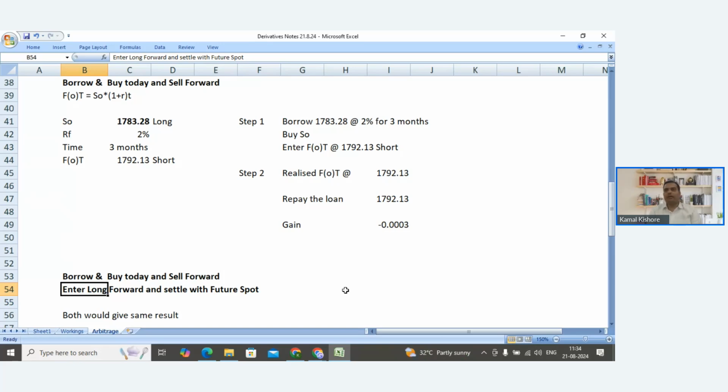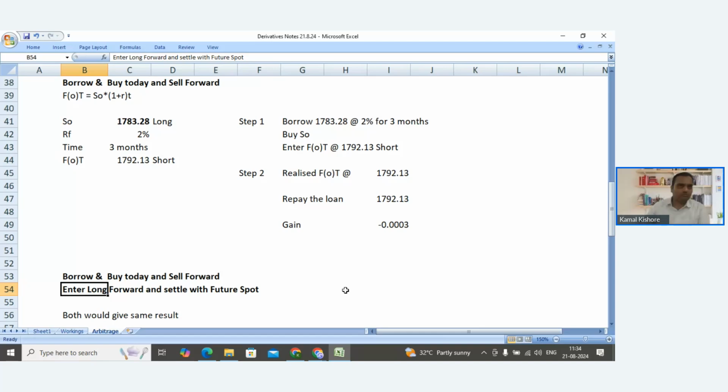That means you are entering into a forward contract to buy the underlying at a future date, and then you are settling it with the future spot, by entering into a spot transaction in the future. That means I'm telling you that I will buy it in the future.